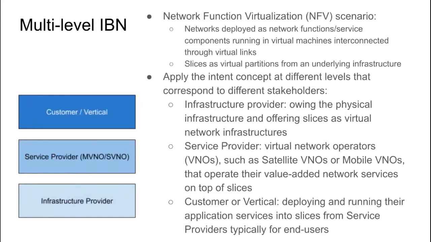Although I think the ideas can be extended also to other scenarios. So we consider the case where, with this virtualized infrastructure, we can have different partitions, different slices, starting from a common physical infrastructure.